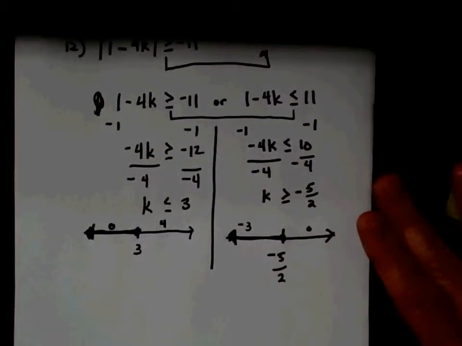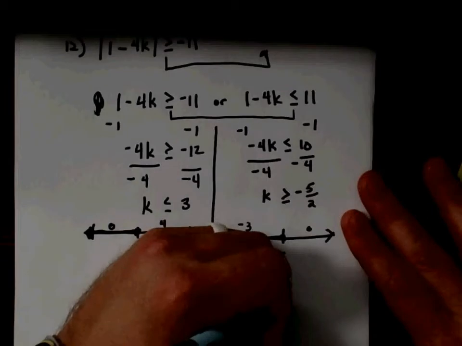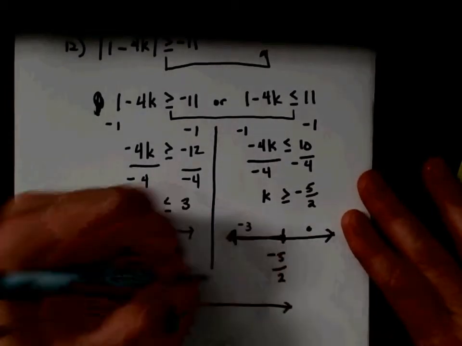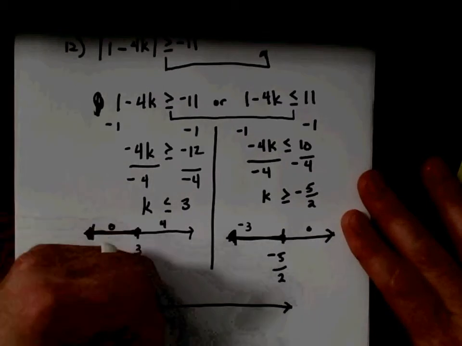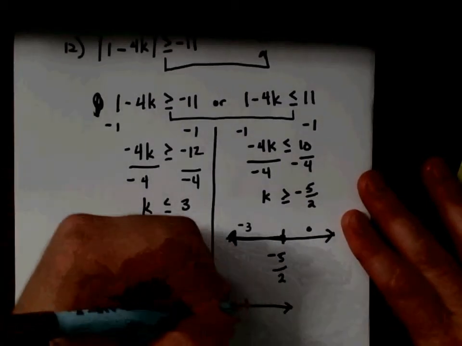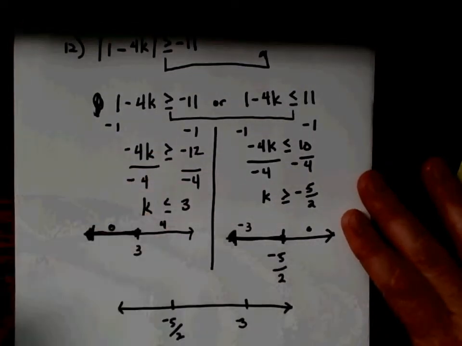So now when I put both of them on there, they're going to be the same line. Yeah, but now we've got to put both of them on there. 3, not negative 3.